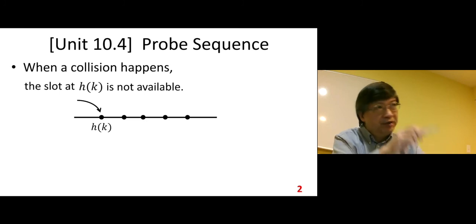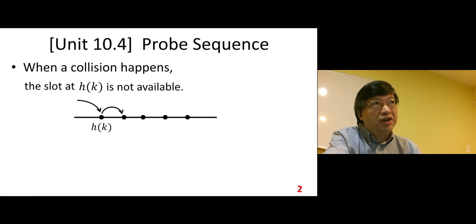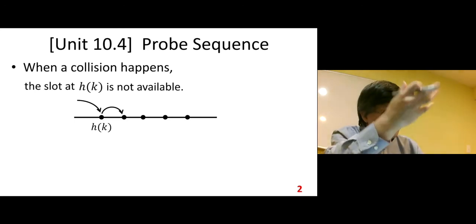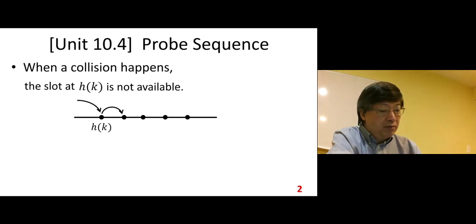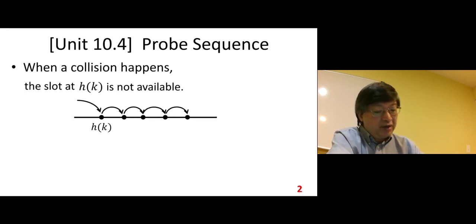So you have to look for some other places. So you try another time. Suppose you have some strategy, some method you can use to find a second hash value, but still occupied. You're not lucky. Another collision, another collision, another collision.